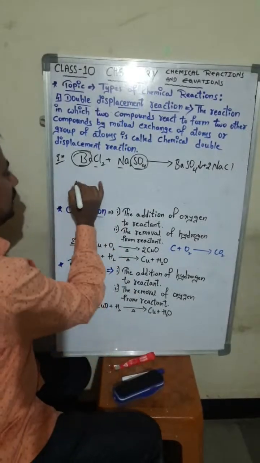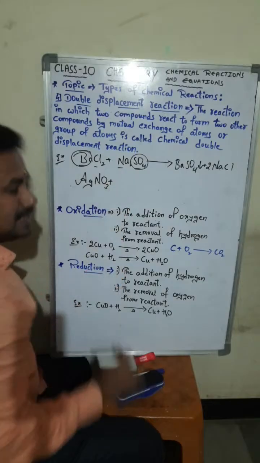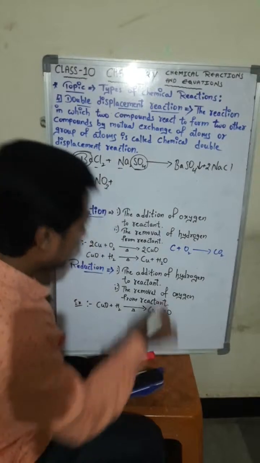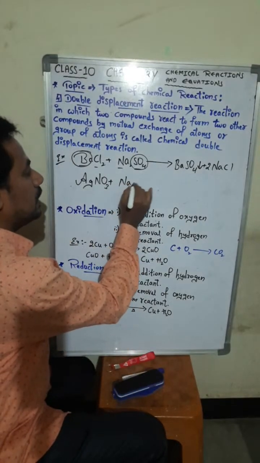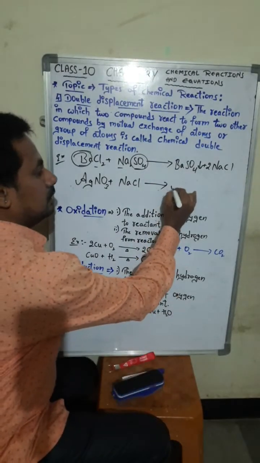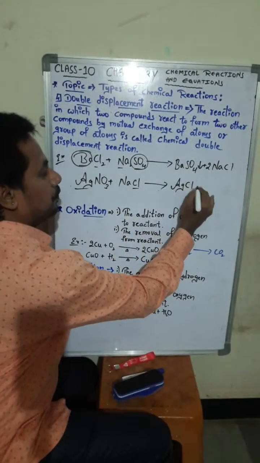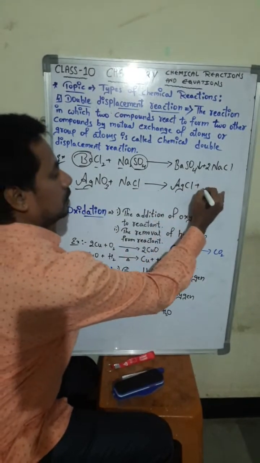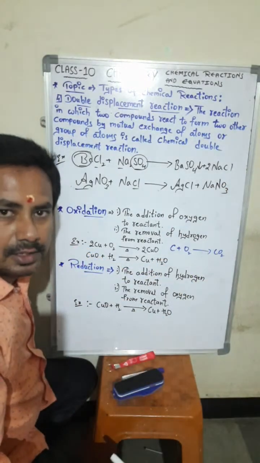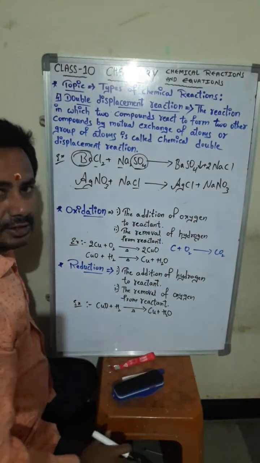Let us see another one. AgNO3 is silver nitrate. When silver nitrate combines with sodium chloride, what happens? Silver chloride will form and sodium nitrate will form. NaNO3 means sodium nitrate.